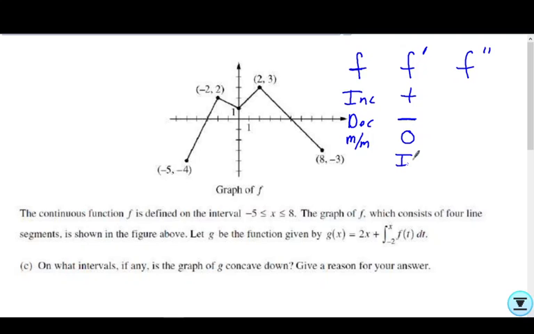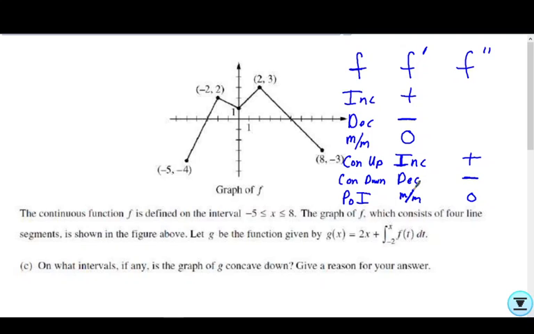Now, where my derivative is increasing, my second derivative is positive. Where this is decreasing, this is negative. And where this has a min or a max, my second derivative has a 0. But that also means that the function's concave up when my derivative is increasing, and it's concave down when my derivative is decreasing, and I have a point of inflection when I have a min or a max in my derivative.